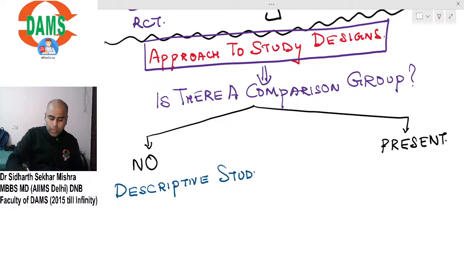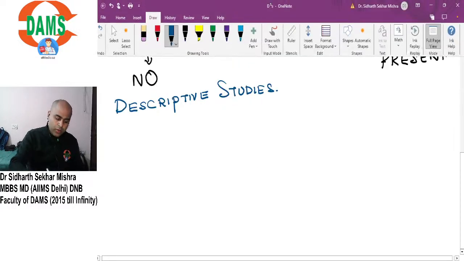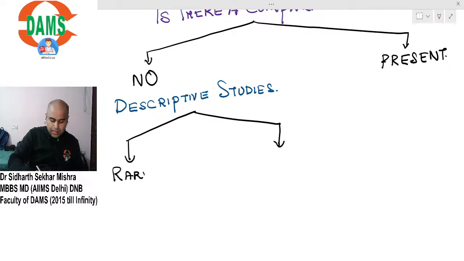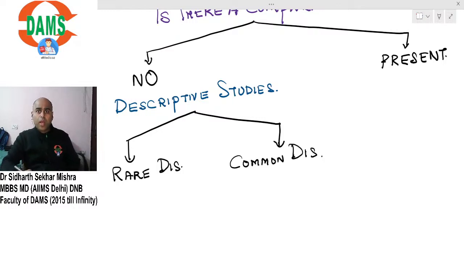Now guys, what are the descriptive studies? Look into descriptive studies. Is it a rare or a common disease? Like they're talking about Ebola, Zika, a rare finding. They're talking about diabetes, cataract, a common finding.